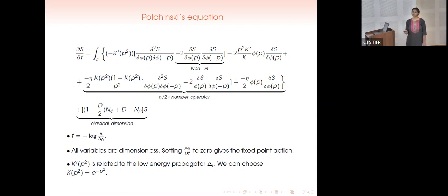If we set del S by del T to 0, that gives the fixed point action. Another important thing is K prime of p squared, which is related to the low energy propagator delta. One can do the calculation with a general K of p, but for ease of calculation sometimes we choose K of p as e to the power minus p squared. All the p squared here is actually p squared over lambda squared.